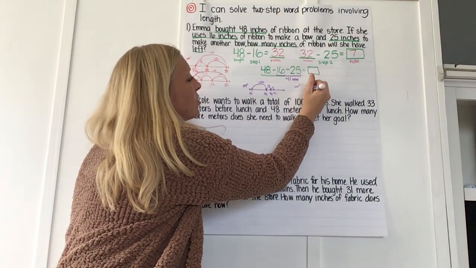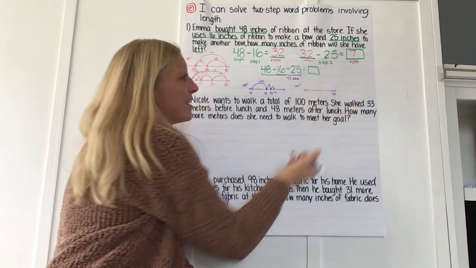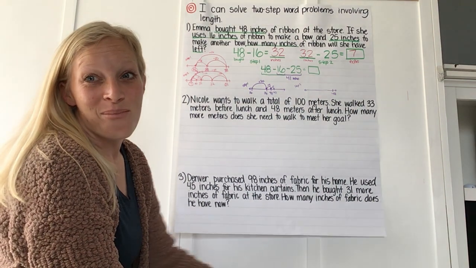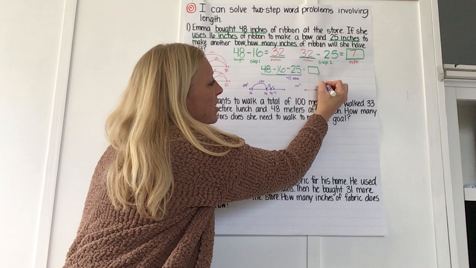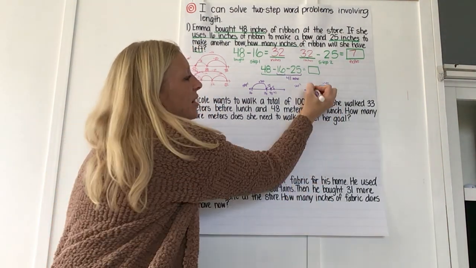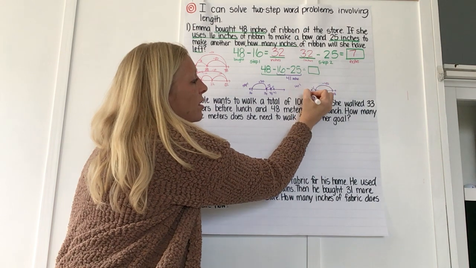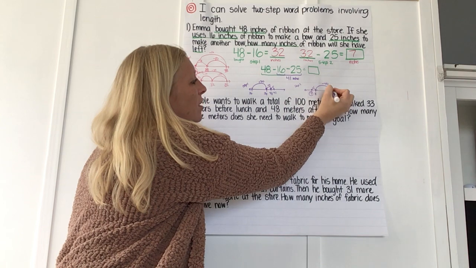Your step 2 is what? Starting at 48 and doing what? Taking away 41. All right, so taking away 40 equals 8. And then taking away 1 more equals 7.